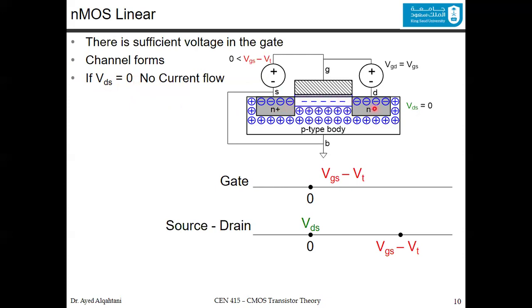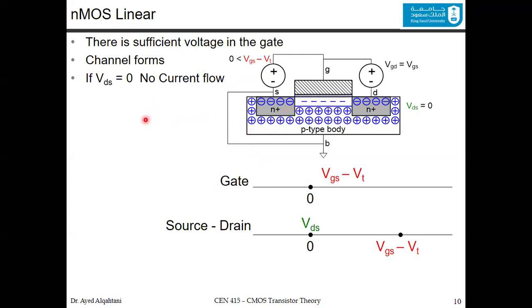So there is no current moving between the source and the drain, and the reason is because VDS is still equal to 0. So now we move to the NMOS linear region, but there is no current flow in the channel.